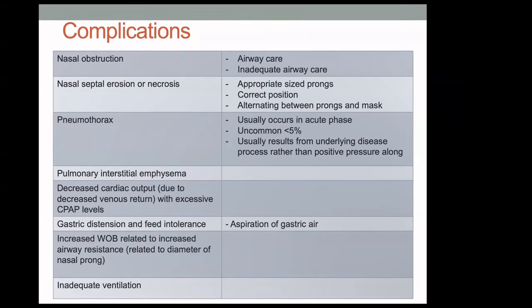And there are other complications, including decreased cardiac output from overdistension of the lungs, gastric distension, which we mentioned before, and also if you're inadequately ventilating the baby with CPAP, they may suffer from poor gas exchange.